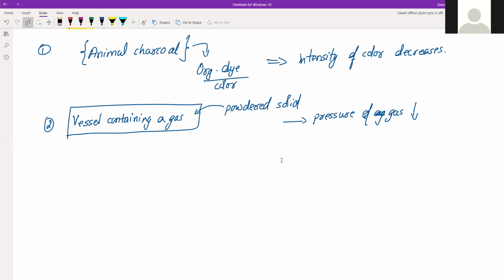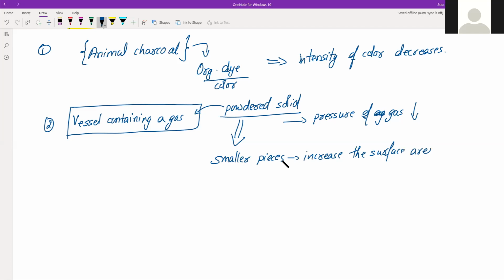So why finely powdered? Because when we break the solid into smaller pieces, we increase the surface area.